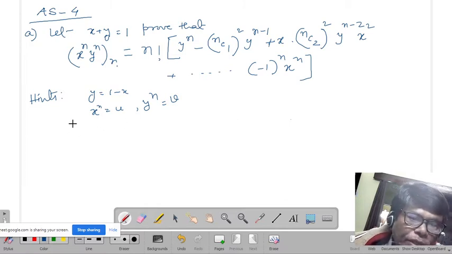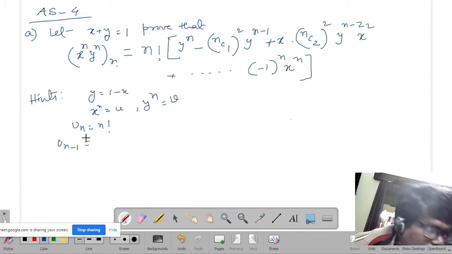This will give un is equal to factorial n, and then un minus 1 is equal to how much? Factorial n into x.